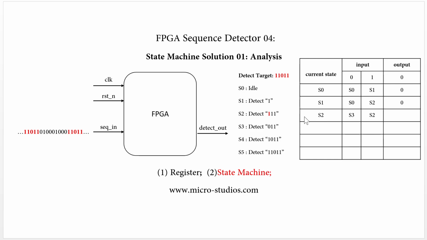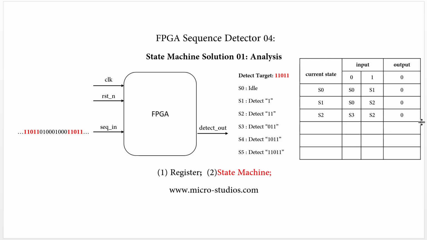So for the current state S2, we still output 0. The current state is 1, 1. S2 is 1, 1. So we still output 0 level. Okay.